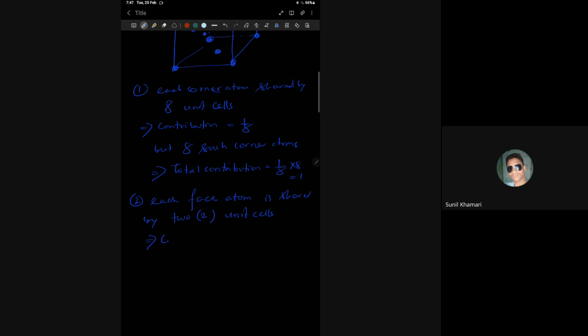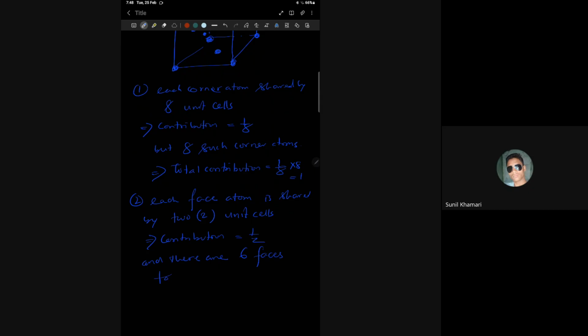So this implies the contribution is equal to 1 by 2. And there are 6 faces.